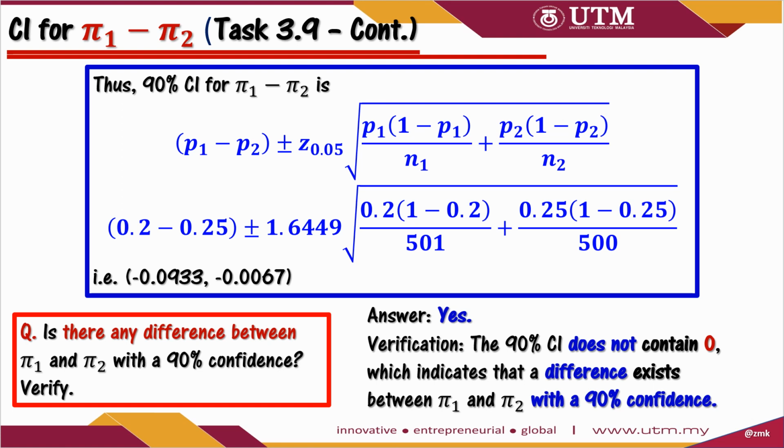That is, if the confidence interval contains zero, then no difference is expected to exist between pi1 and pi2. On the other hand, if the confidence interval does not contain zero like in this question, then a difference is expected to exist with a certain degree of confidence.